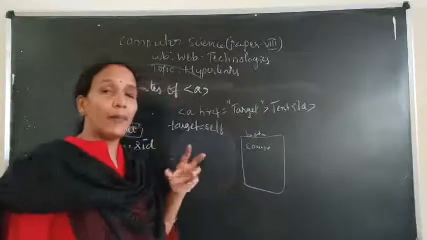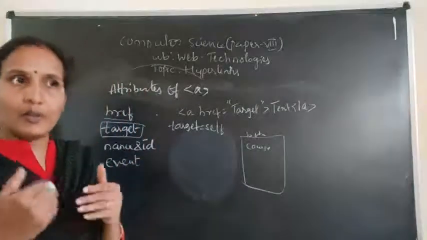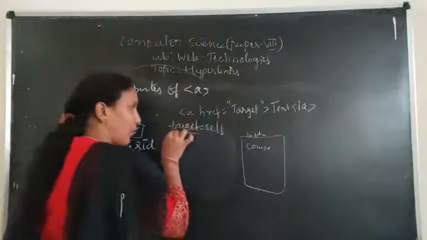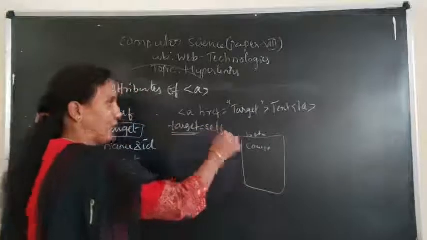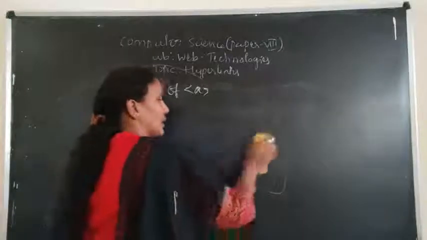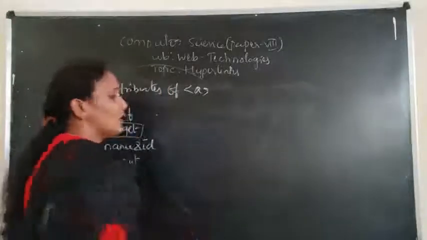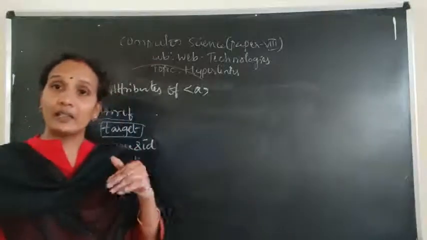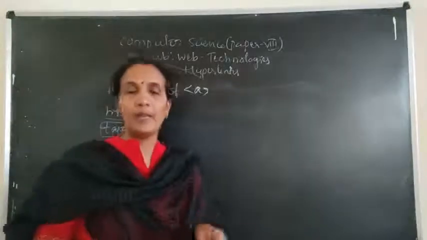Why does the document open in the same window? Because the inbuilt default is target equals self. When the target equals self, then when the user clicks on the hypertext, that target document will open in the same window.